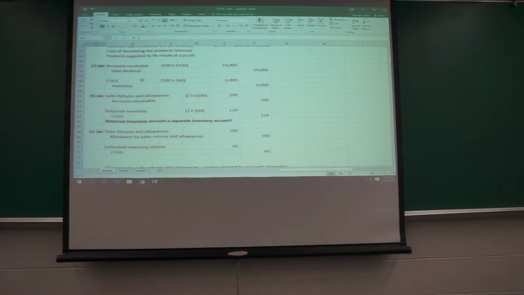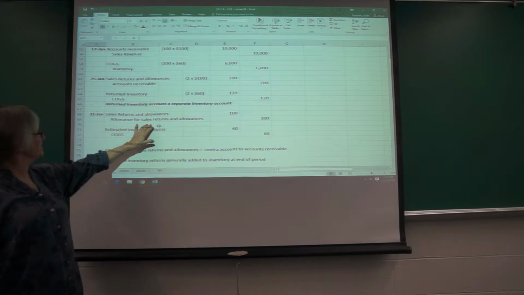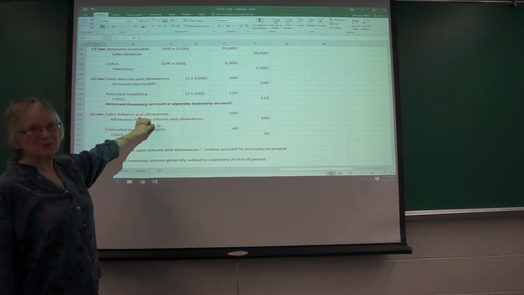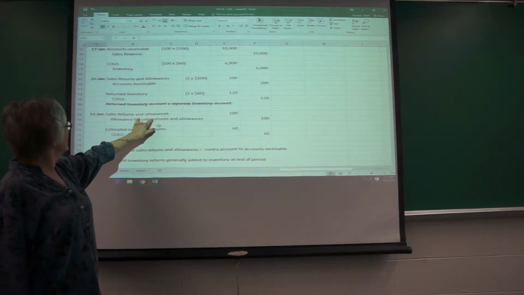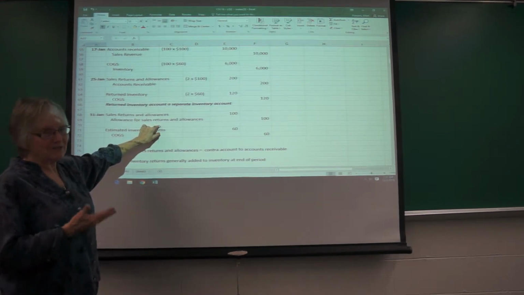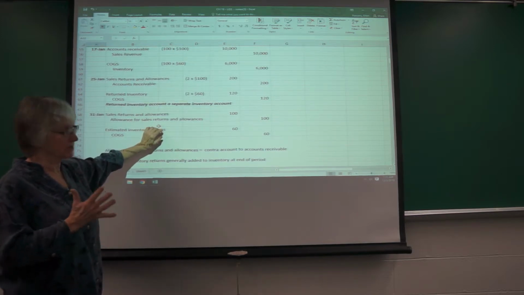So what we do is we would go sales returns and allowances, and then we would use this account allowance for sales returns and allowances. Because this other camera hasn't been returned yet, you can't reduce the accounts receivable because it hasn't been returned. I don't know if even that makes any sense.